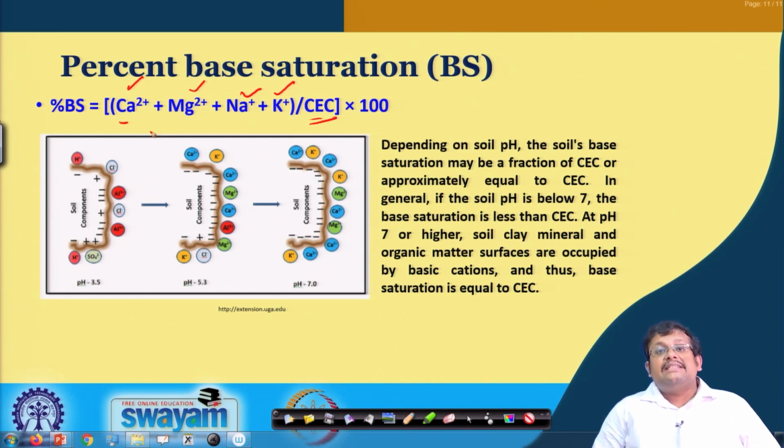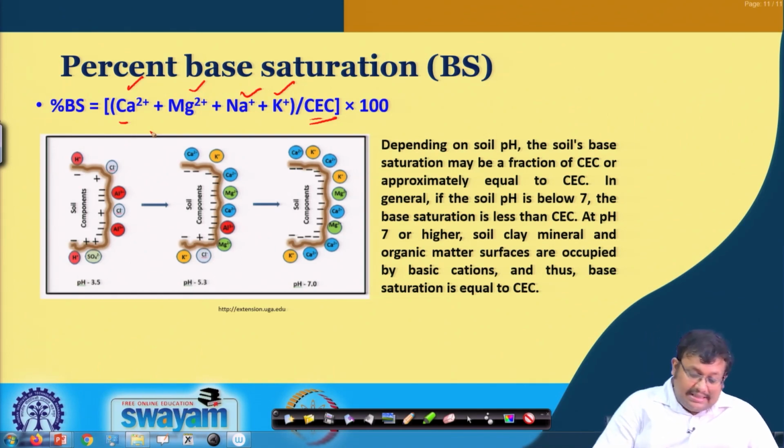Now, at pH 7 or higher, soil clay minerals and organic matter surfaces are occupied by basic cations, because in alkaline conditions the CEC will be dominated by the basic cations, and thus base saturation is equal to the cation exchange capacity.